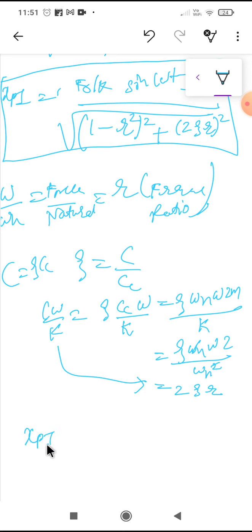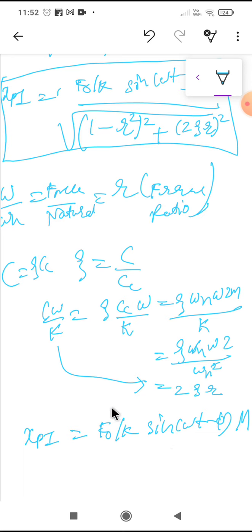So xpi is equal to f0 by k sine omega t minus phi into M, where this whole term 1 upon the denominator is called the magnification factor.